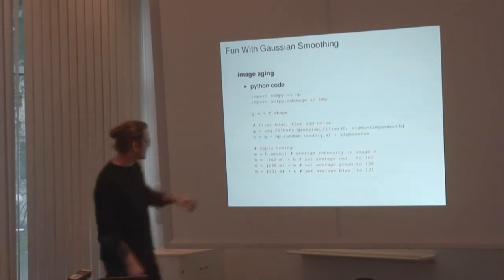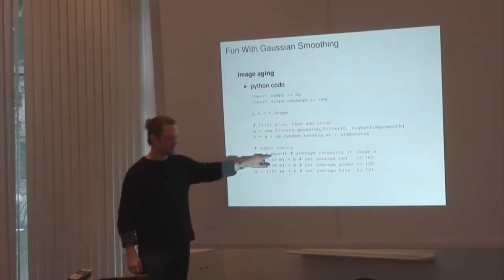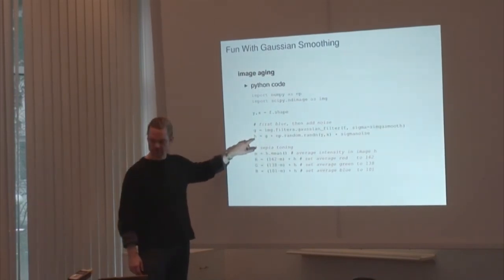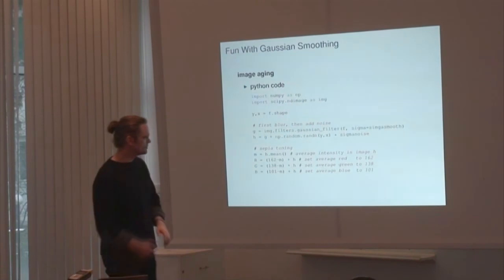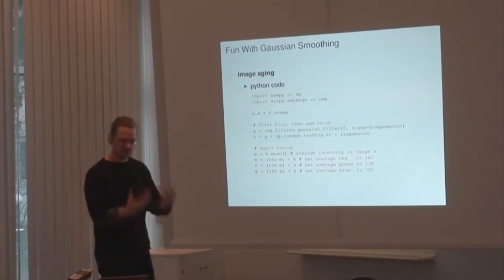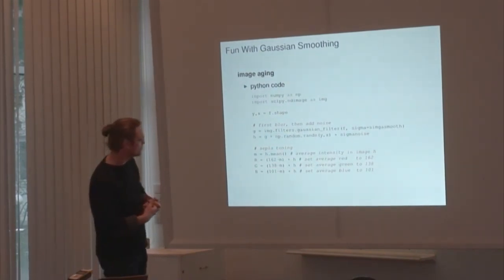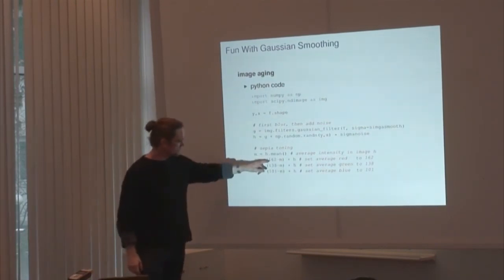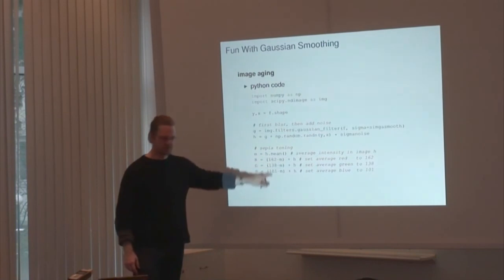What I do here is I first compute the average of all the intensity values in this image. And I want to create a color image whose average color value is in the 3 channels given by these 3 numbers.